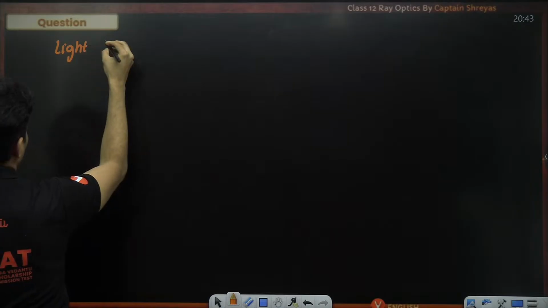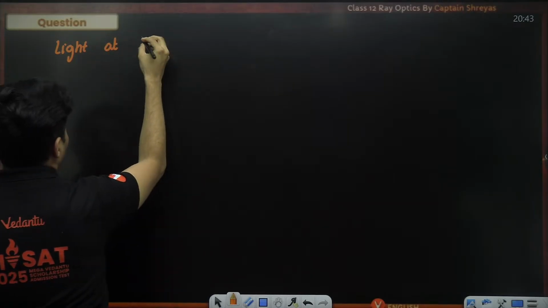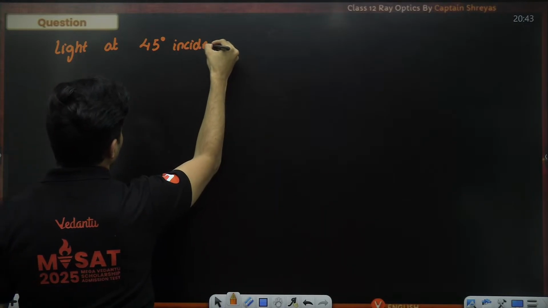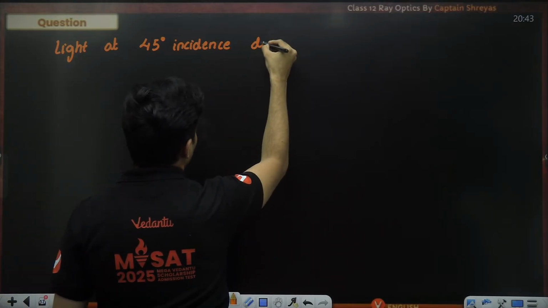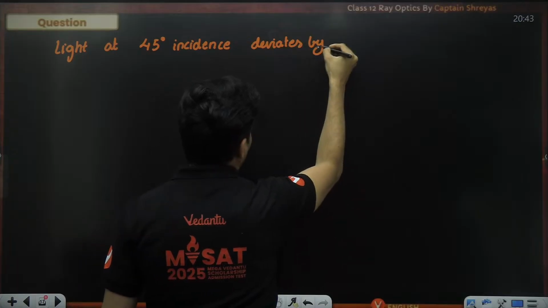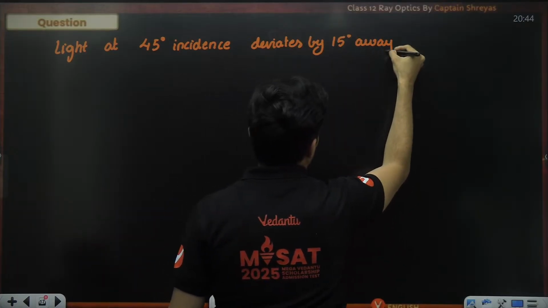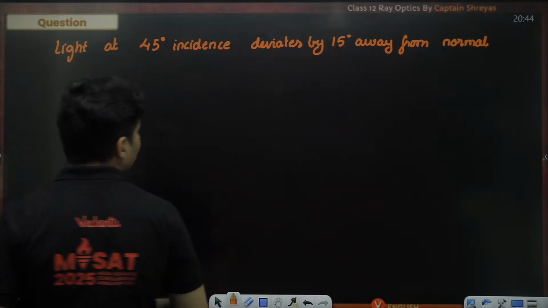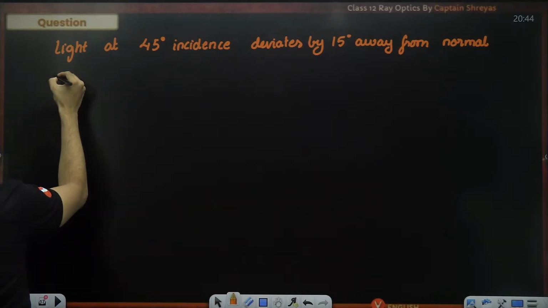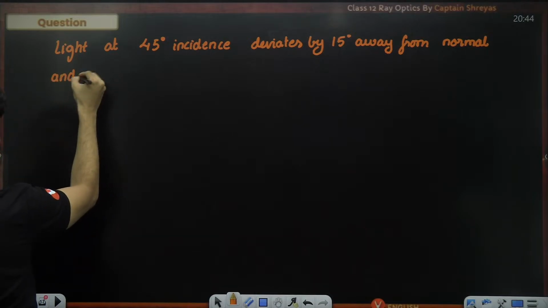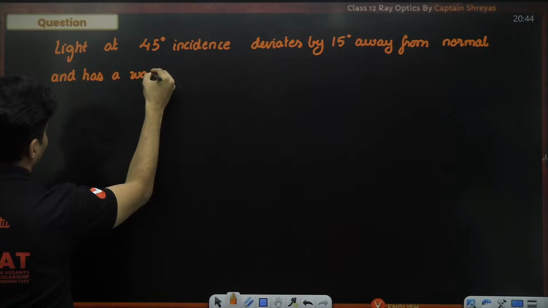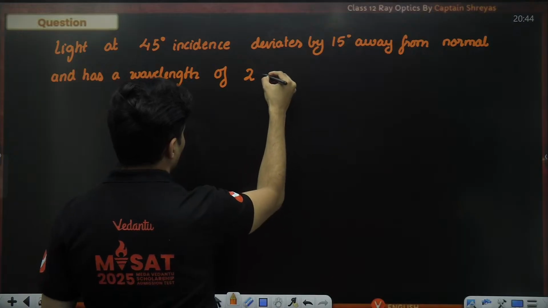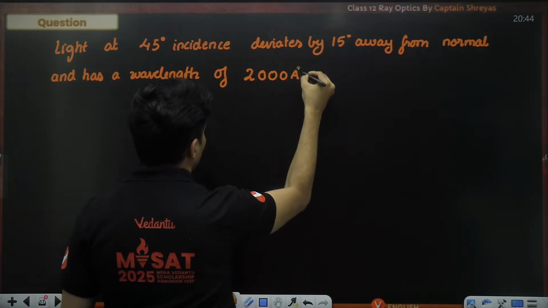Light at 45 degrees incidence deviates by 15 degrees away from the normal and has a wavelength of 2000 angstroms.